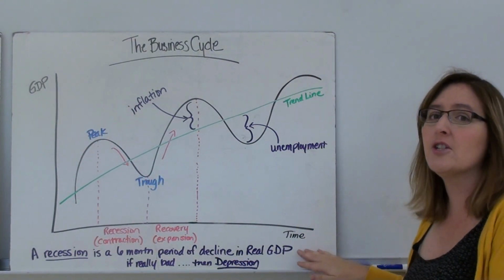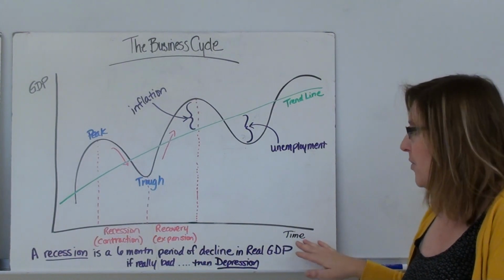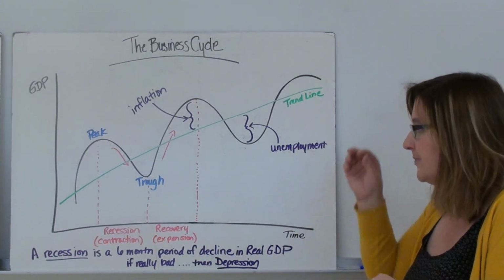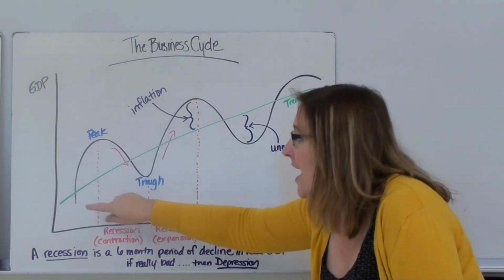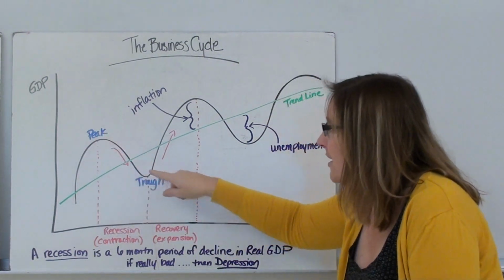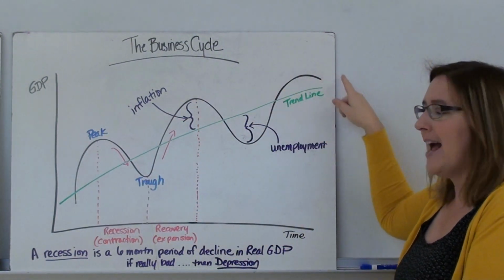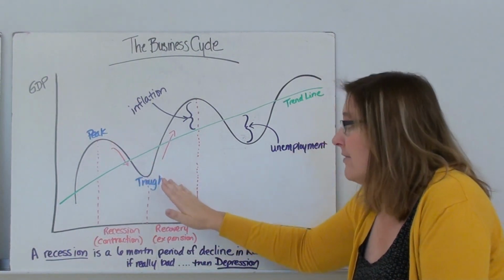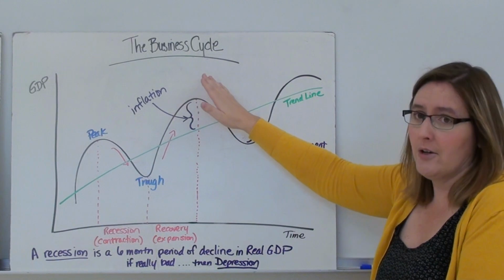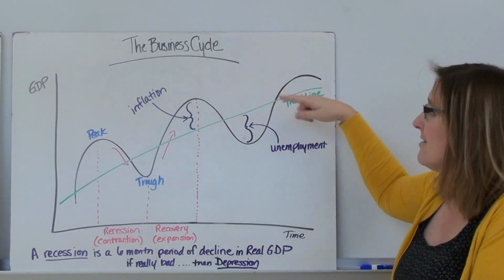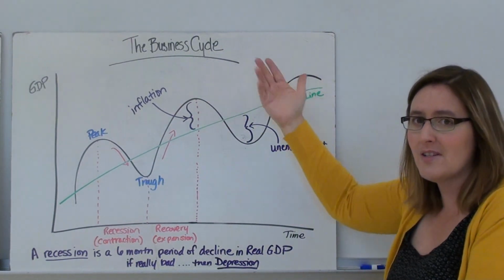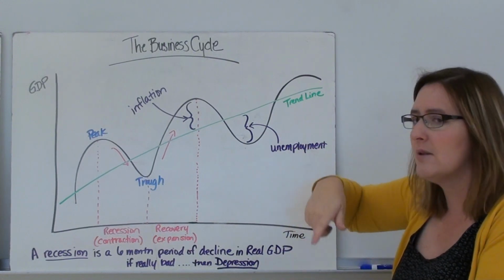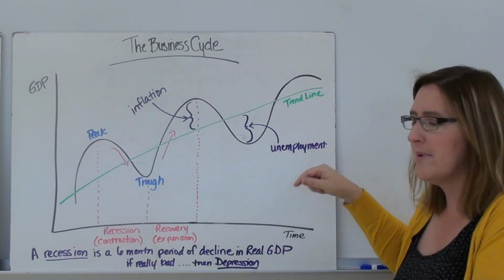It could be years, it could be months, but we'll just put time here for now, just in general. And what it's saying is that GDP, this black line here, goes up and down over time. Sometimes we have high GDP, sometimes we have a lower GDP, sometimes it goes up again, but it goes up and down like a roller coaster. So the business cycle is the roller coaster of a country's GDP going up and down.